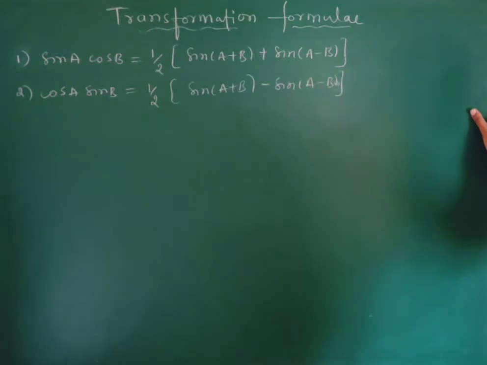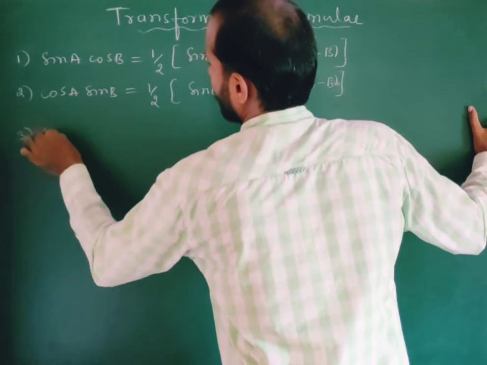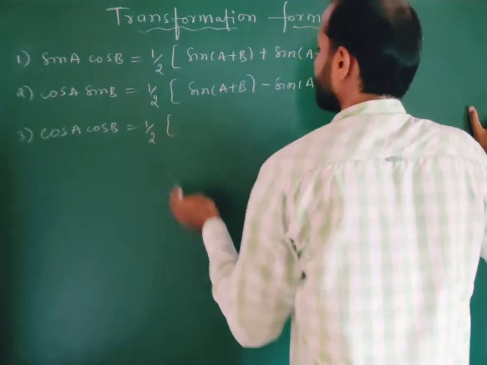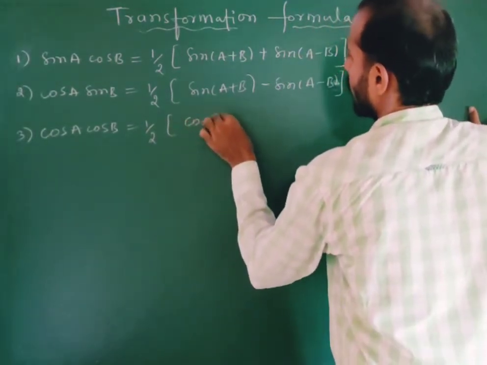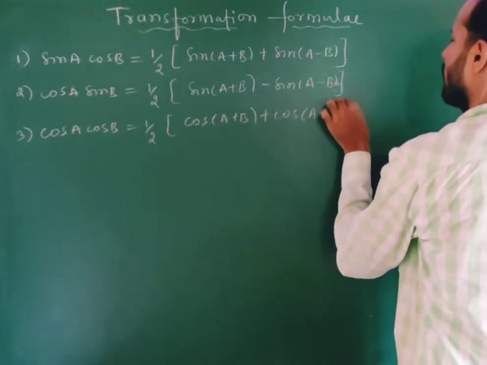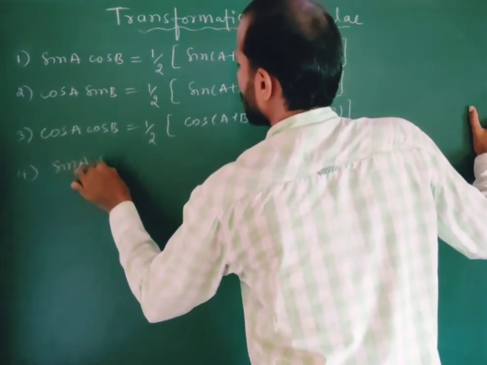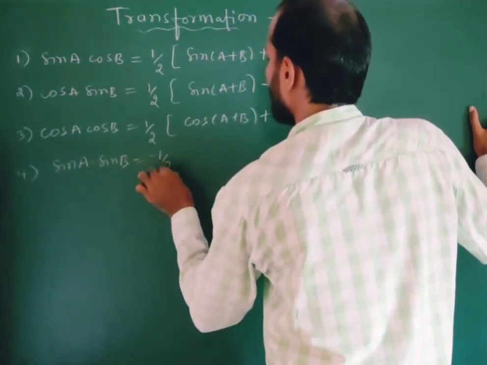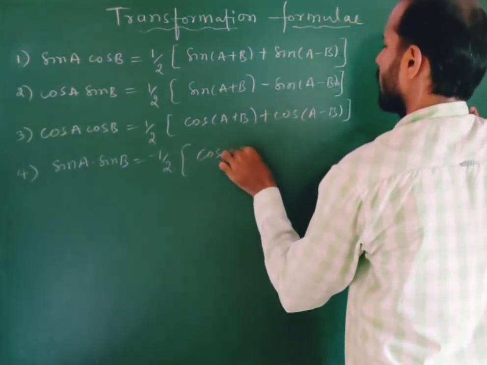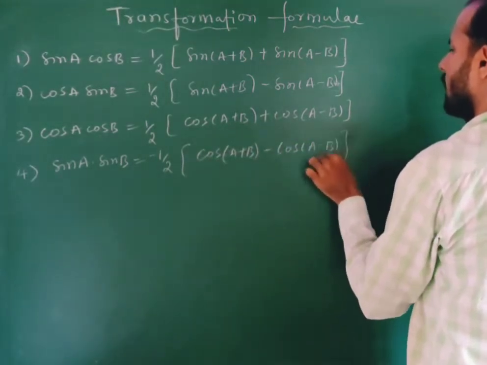Next, third one, cos A cos B, equals 1 by 2 [cos(A plus B) plus cos(A minus B)], right? Finally the fourth one, what we got? sin A into sin B equals minus 1 by 2 [cos(A plus B) minus cos(A minus B)].